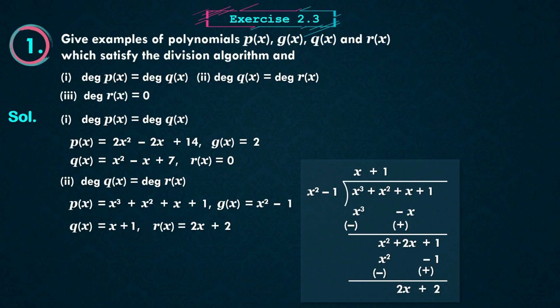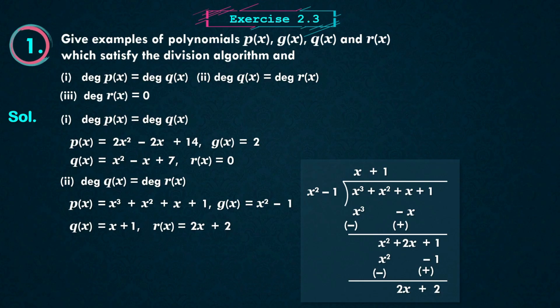So we get x cube plus x square plus x plus 1, which is exactly p of x. Therefore, the division algorithm is satisfied. Now observe the degrees. The degree of q of x is 1, and the degree of r of x is also 1. Hence the condition degree of q of x equals degree of r of x is satisfied. So this is a valid example for the second case.